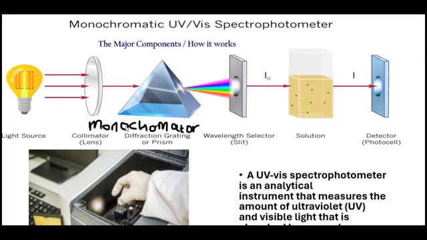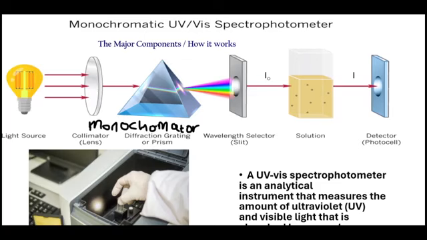A monochromatic UV spectrophotometer works as follows. The light source hits the collimator lens, which is part of the monochromator, and this hits the diffraction grating or prism. This transfers the diffracted light to the wavelength selector slit.